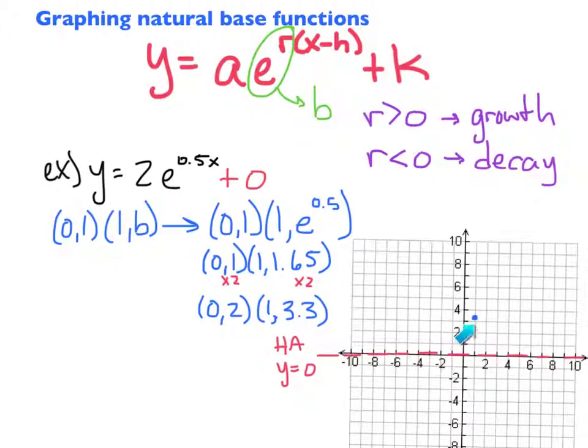The only way to go through these two points is to rise through them towards the right. So get real close to the asymptote, then rise through the points. Couldn't you come down? What's the domain of this function? All real numbers. The range comes from the asymptote. The asymptote is 0 and the function sits on top of it, so all the y's are greater than 0.